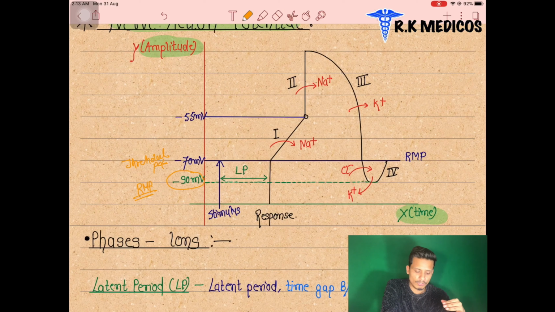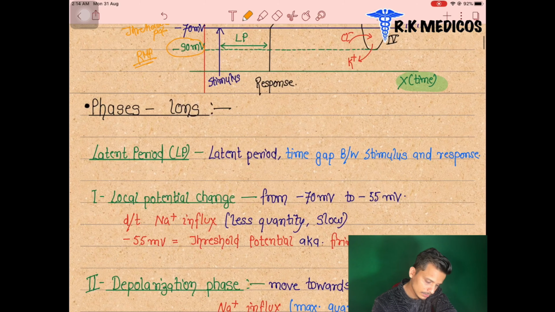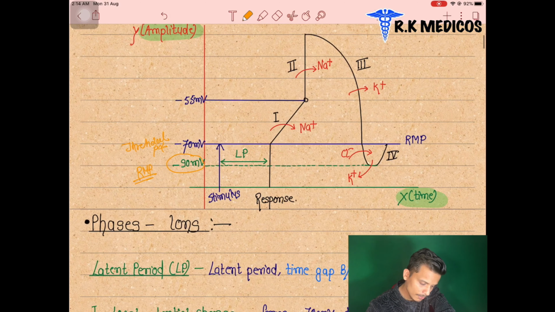After that, the neuron moves towards the positive value: minus 85, minus 80, minus 75, minus 70. If it attains minus 70 millivolt, it will fire automatically, and that firing is called phase 1. We'll discuss it later, but for now you have to memorize it.